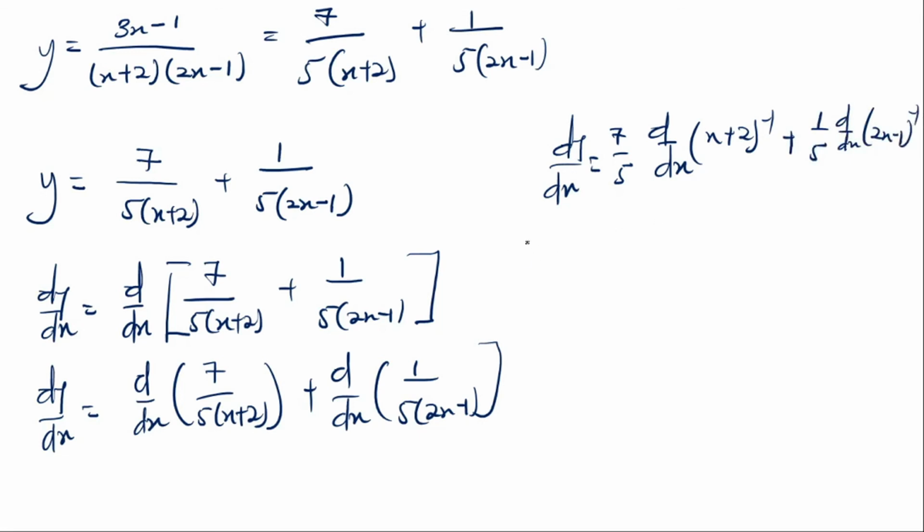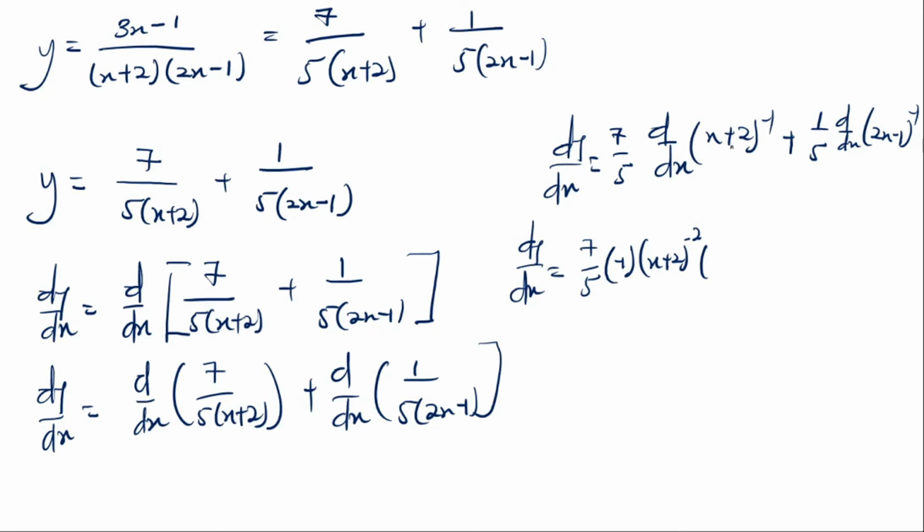Okay, so from here dy/dx becomes, we still maintain 7/5, then we differentiate this. As usual we use the chain rule, so we use the -1 to multiply this, so it becomes -1 multiplied by (x + 2), then we subtract 1 from the power -1, so it becomes -2. Then we now differentiate what is in the bracket.